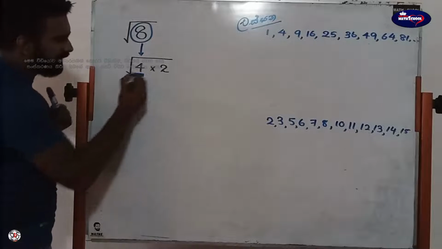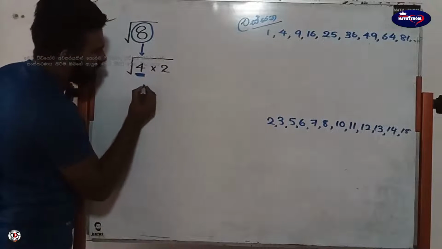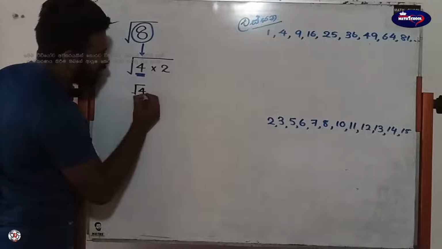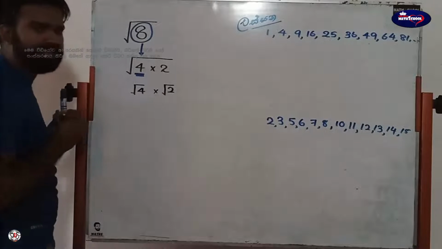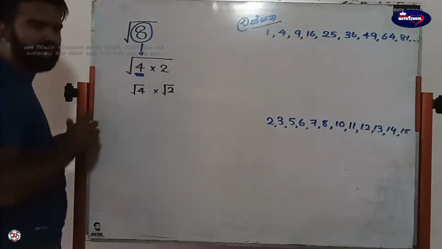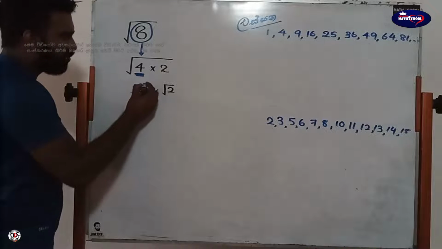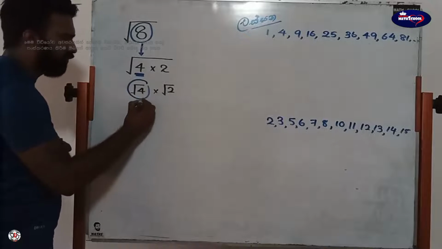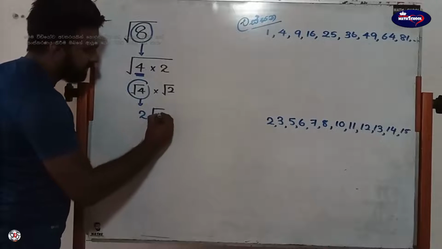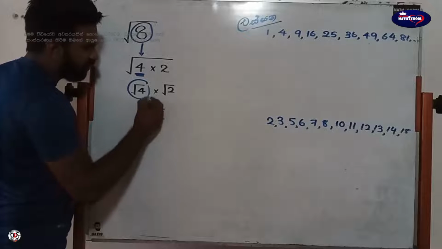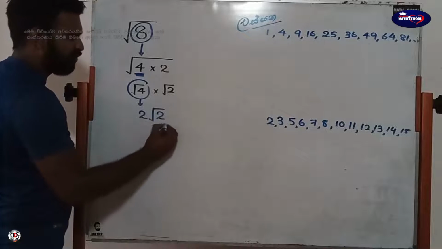So the meaning of this, the square root is related to 4 and 2, both multiplied. So the square root is related to both these things. So I got these two like this. So here the square root of 4 is 2. So I can take it as 2 into the root of 2.